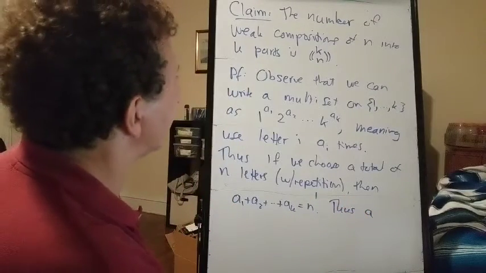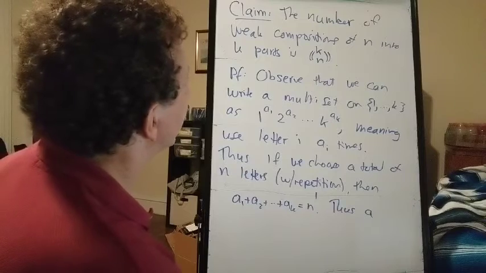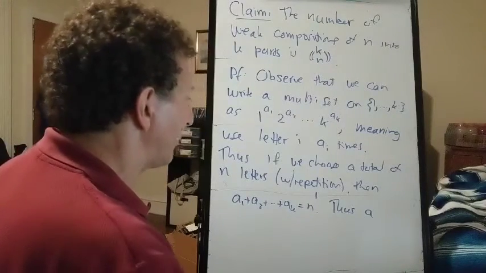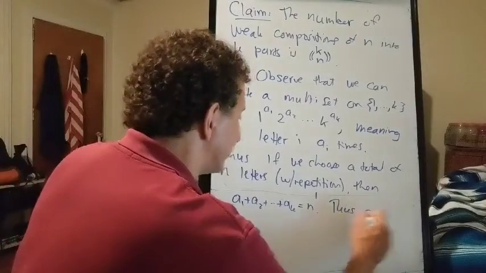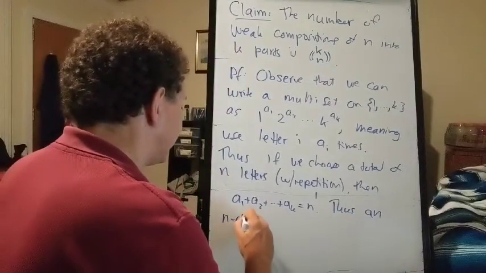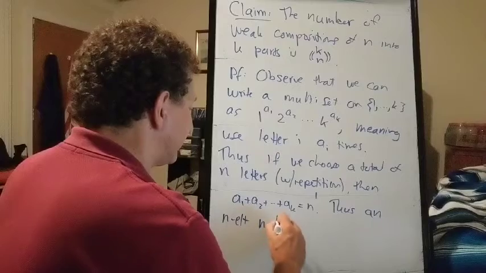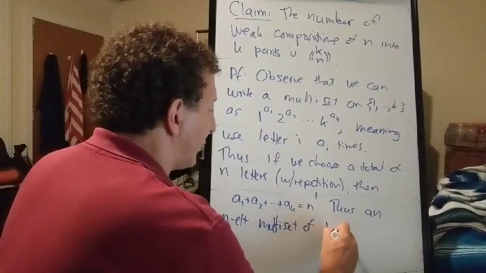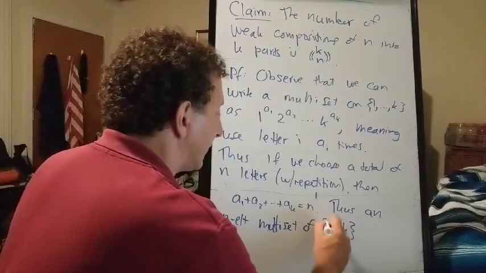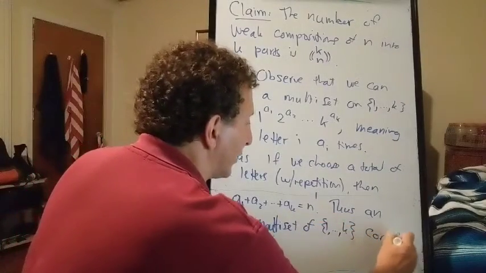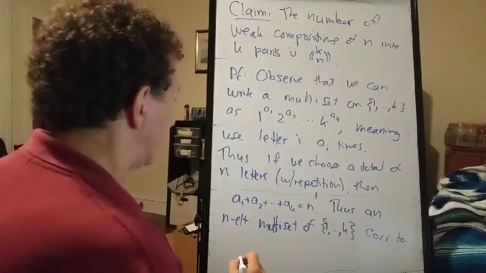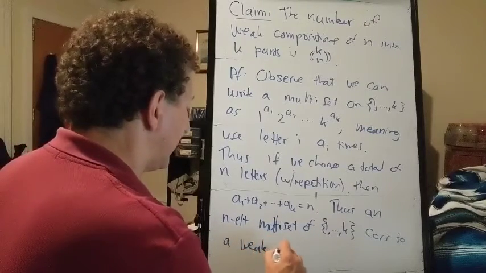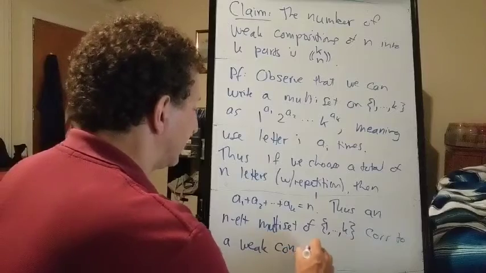So that means that an n-element multiset of 1 through k corresponds to a weak composition.